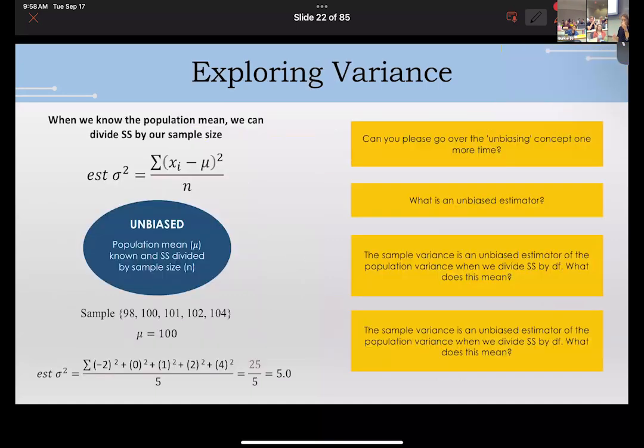So if we knew the real mean, if we knew mu, not x bar, say the population mean was 100, then we could divide by n, little n, because it would be a real deviation. It would be how far away the data point is from the actual mean.